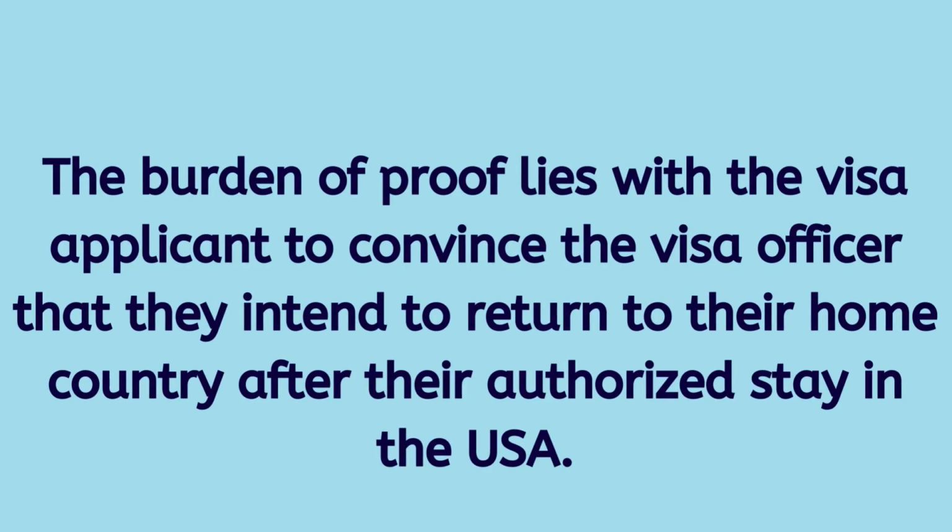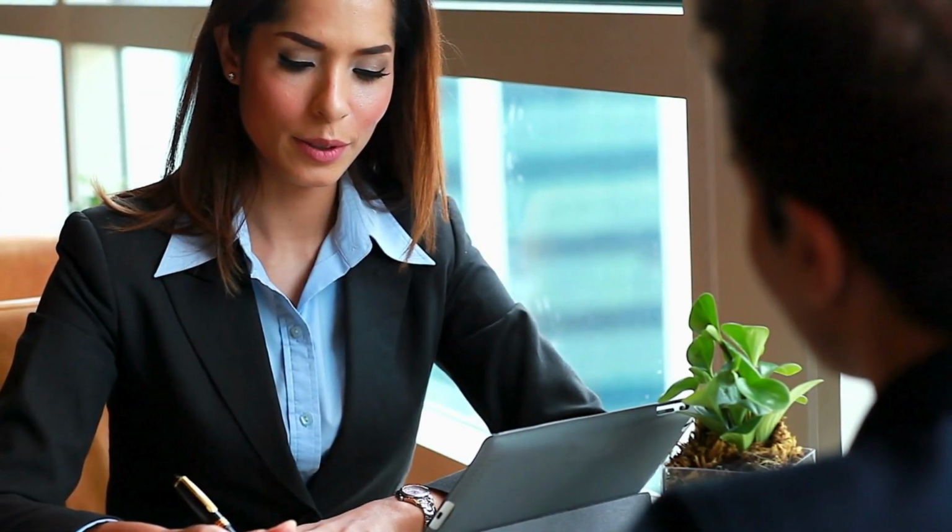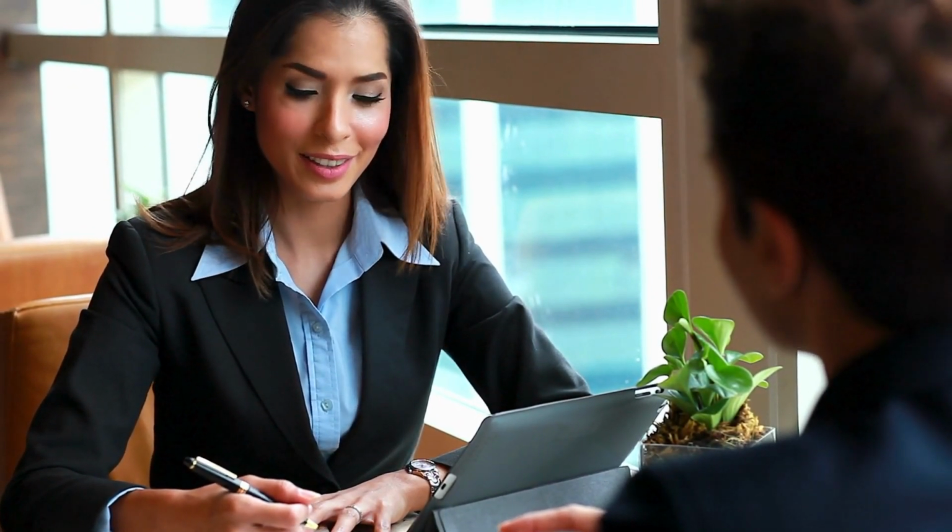Therefore, in these cases, the burden of proof is with the visa applicant to convince the visa officer that they intend to return to their home country after their authorized stay in the United States.